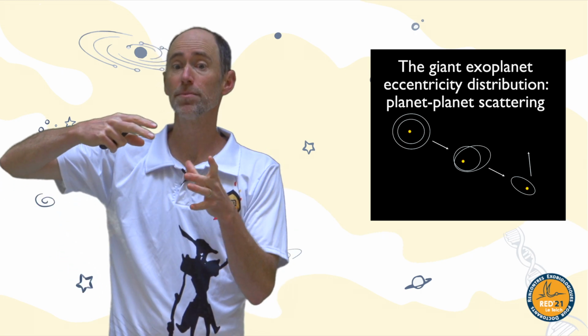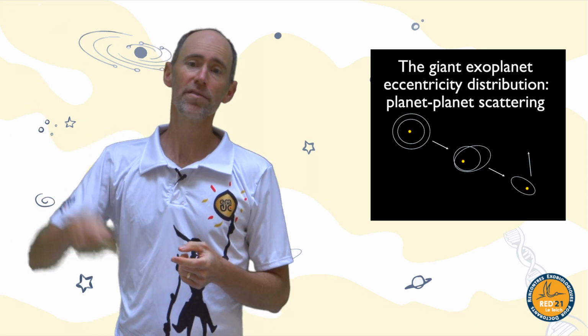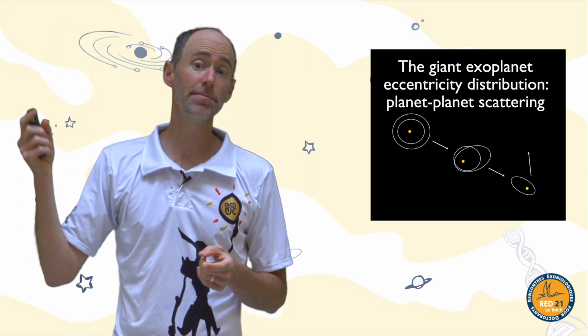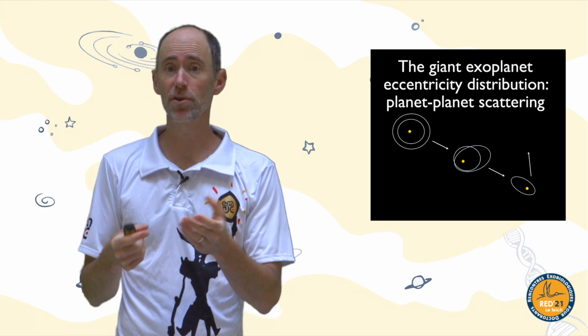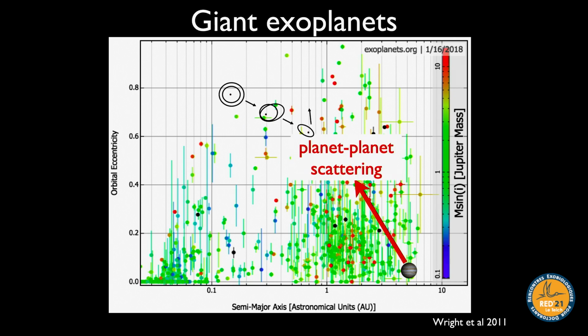Here, after a time, their orbits cross, then they undergo a scattering phase, and one of them goes away, probably being ejected from the system, and the survivor has a stretched out eccentric orbit. And so again, looking at the giant planet eccentricity distribution, we think that that scattering process is key for moving planets up in this diagram, up to higher eccentricities.